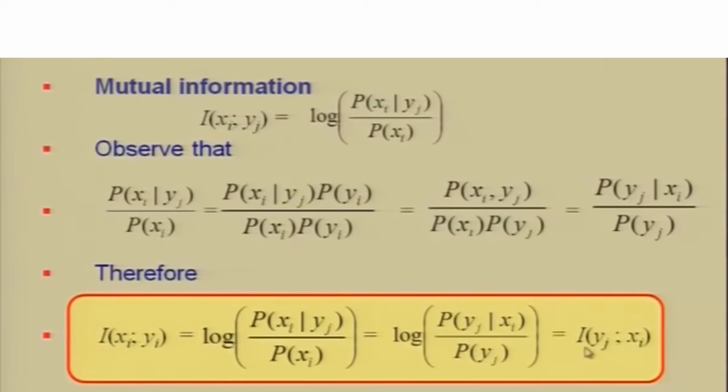The numerator then becomes the joint probability, probability of xi, yj, divided by probability of xi times probability of yj. Again, this can be represented by the probability of yj given xi divided by the probability of yj. If we compare these two expressions, we can say that mutual information is symmetric in nature. That is, I(xi, yj) is equal to I(yj, xi).